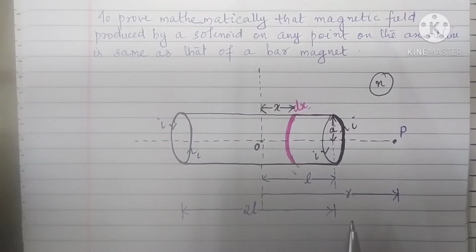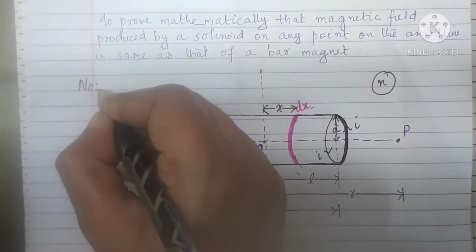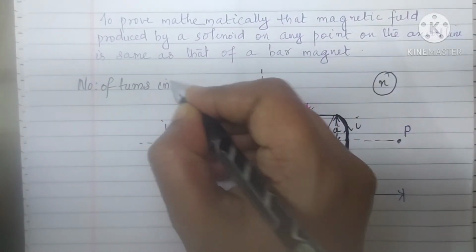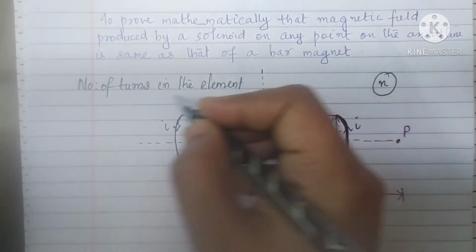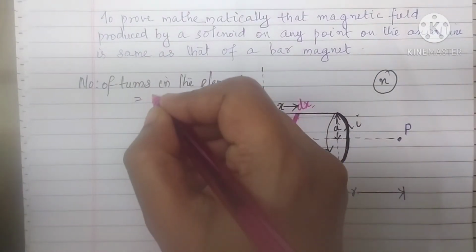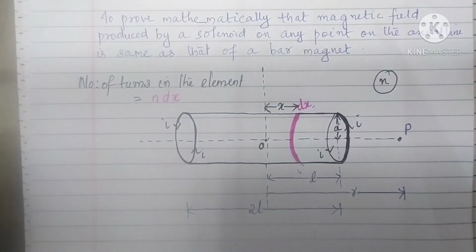You can write the number of turns in the element dx is equal to small n into dx. Clear?